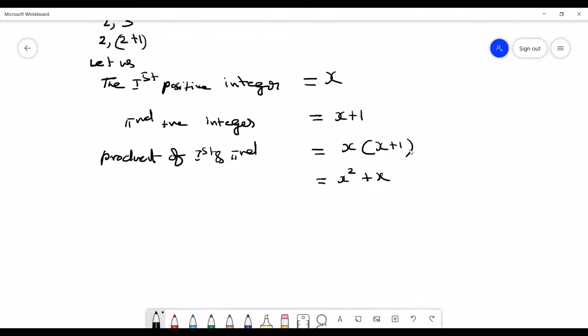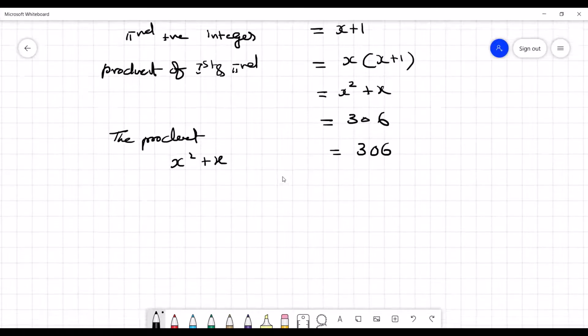And this product, we have already been given, is equal to 306. This means that x square plus x equal to 306.